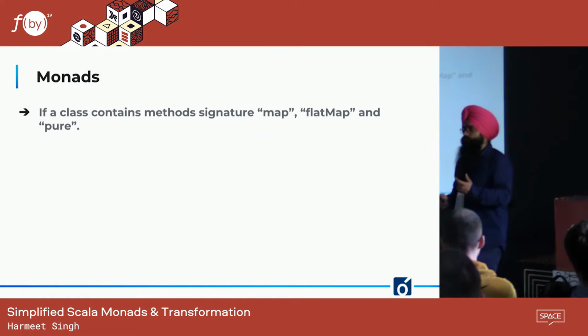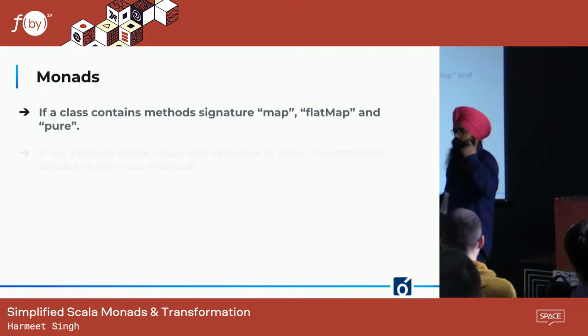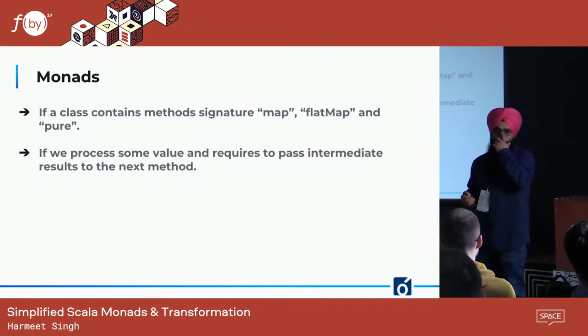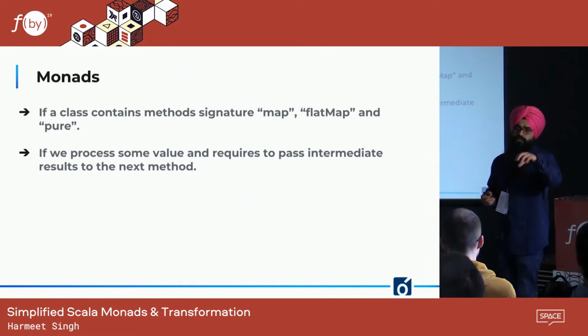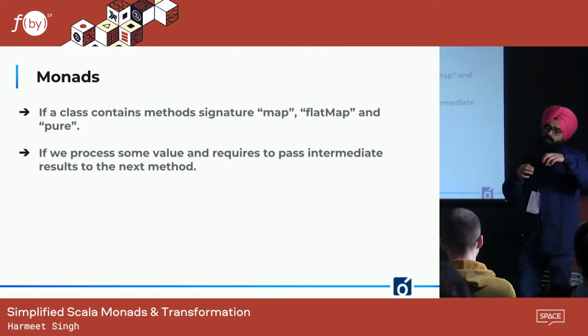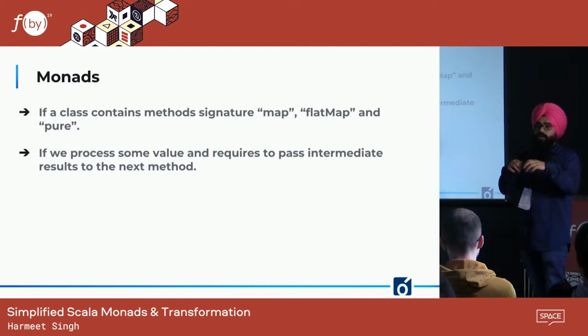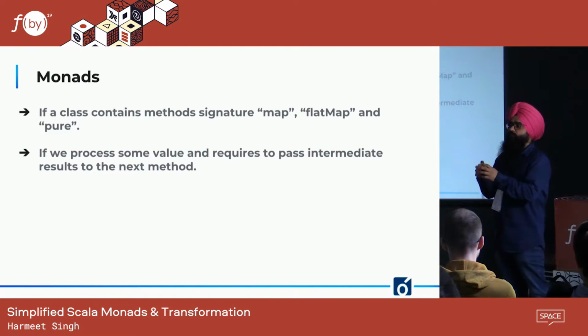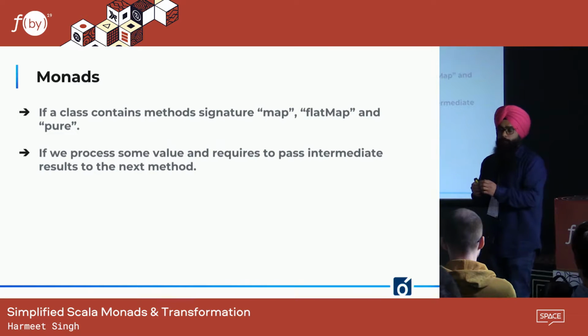And when will we use those monads? If we process some values and require passing an intermediate result to the next, as we know in function composition, the output of one method is the input of another. But if we require passing not the fully exact output but a half-processed output, in that case monads come into the picture.